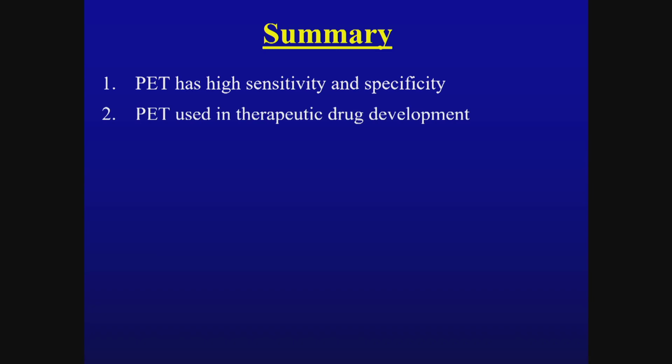PET is used in therapeutic drug development currently in several ways, perhaps most commonly in helping to determine the initial dose of the drug, because on the initial dose you don't want to give too much and have unnecessary toxicity, and you don't want to have too little and miss the potential efficacy if you had used the proper dose.